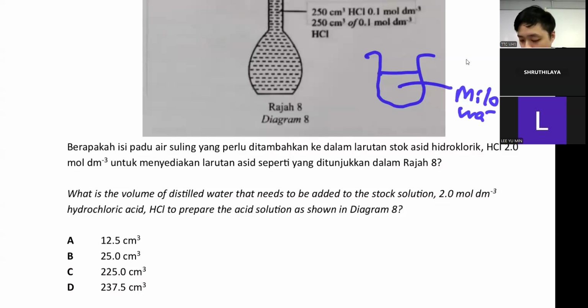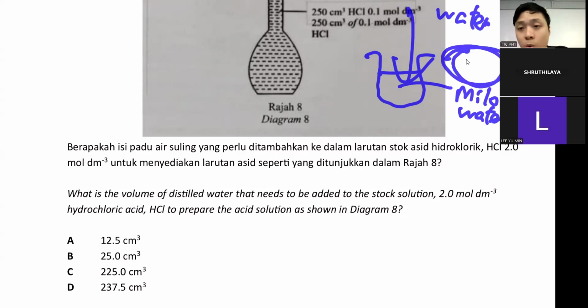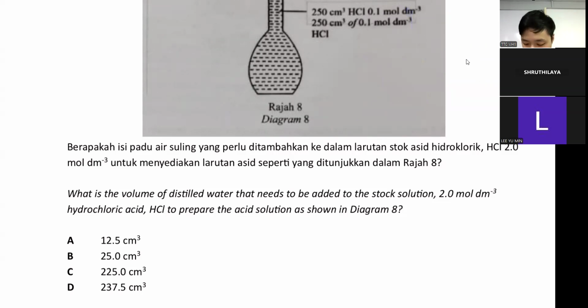You add more water. What happens? It will decrease the concentration of Milo, right? We call it dilute. Dilute means to make it more watery, less Milo. So the process is called dilution.